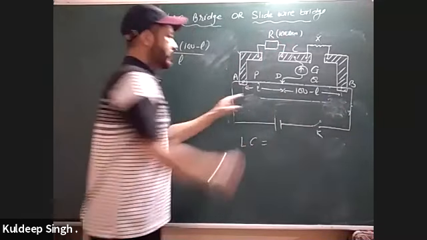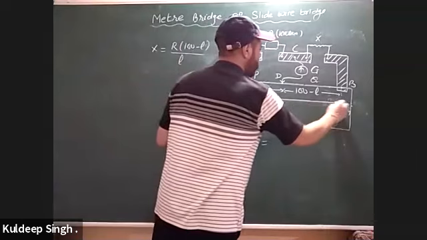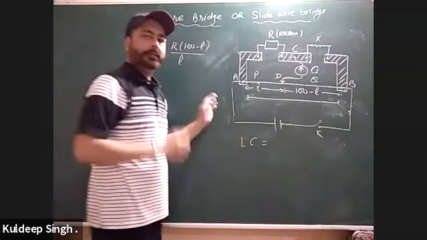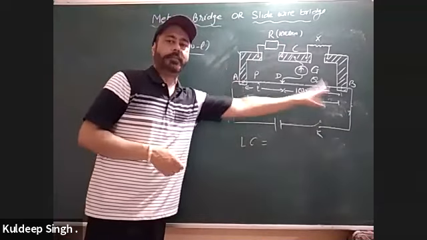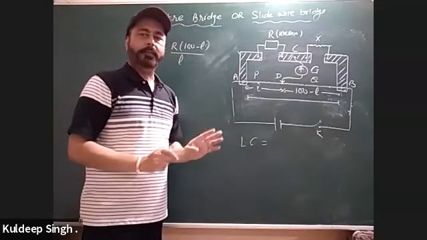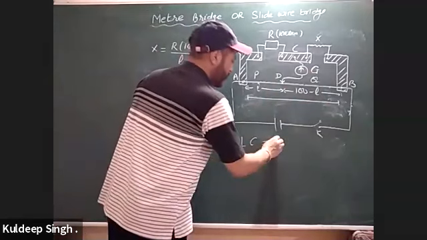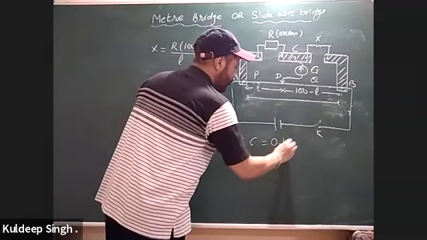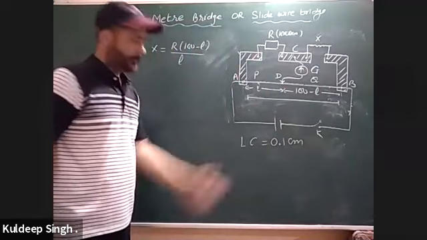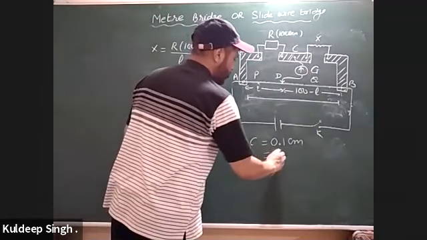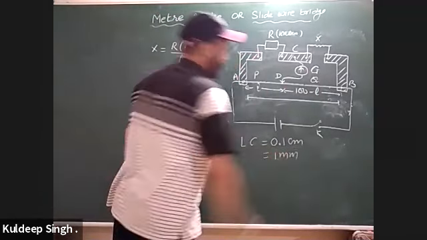So you are using this scale in millimeters. Therefore, in the measurement of L and 100 minus L, there will be some error equal to the least count, that is 0.1 centimeter.